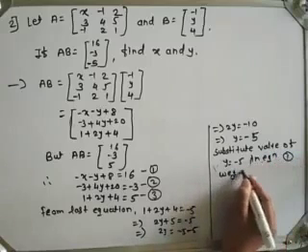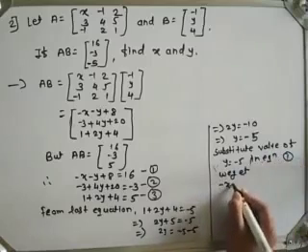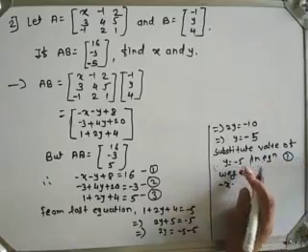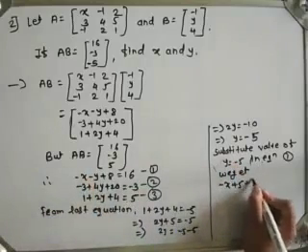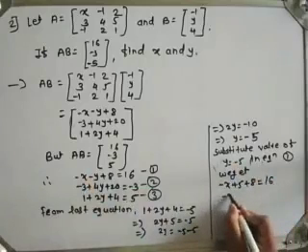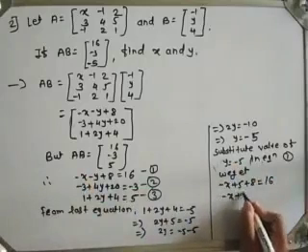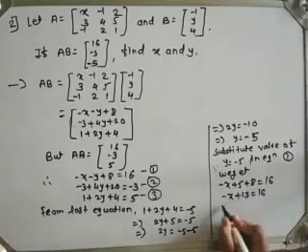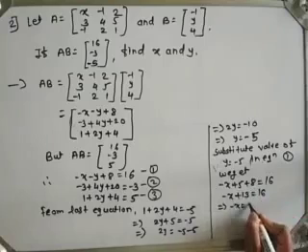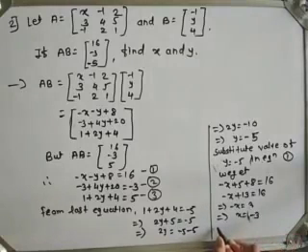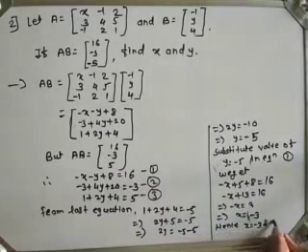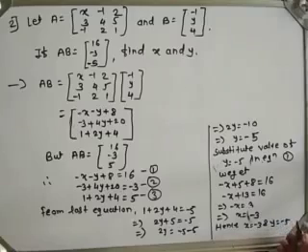We get minus x minus y, where y is equal to minus 5, so minus into minus is plus 5 plus 8 is equal to 16. Minus x plus 13 is equal to 16. That implies minus x is equal to 3. That implies x is equal to minus 3. Hence x is equal to minus 3 and y is equal to minus 5.